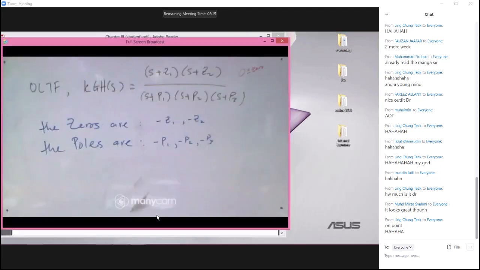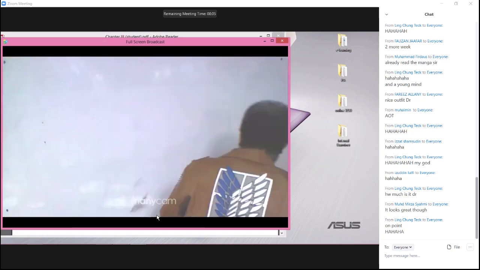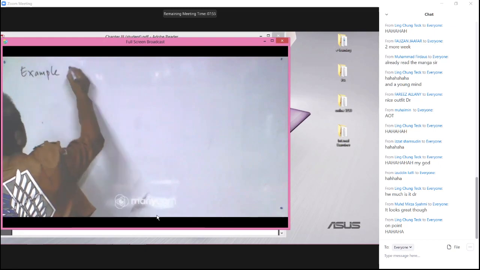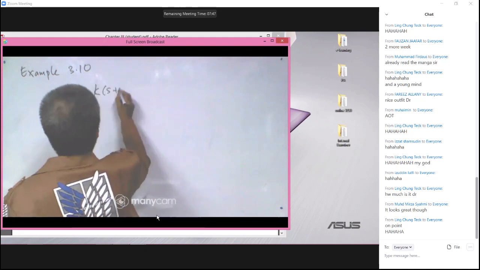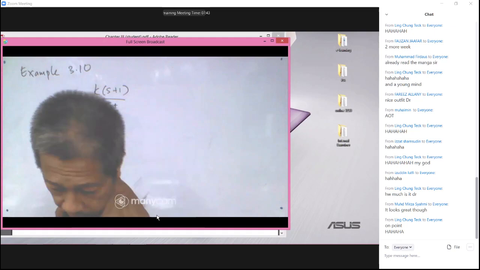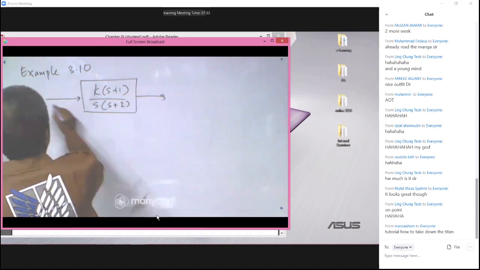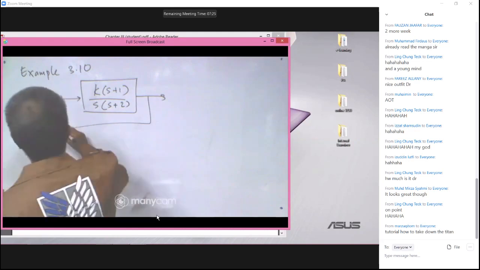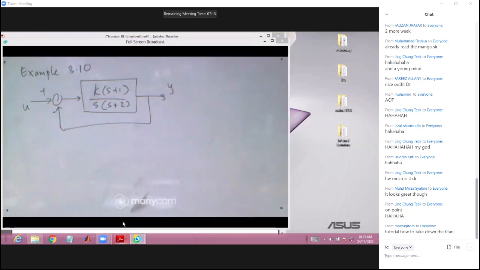Example 3.10, there is a mistake in the question.